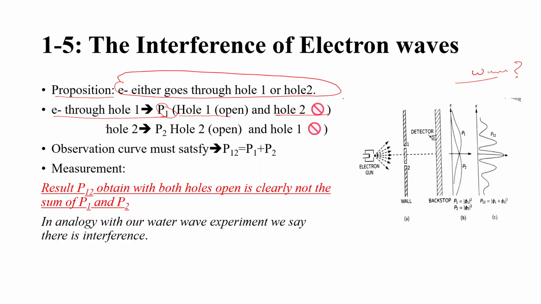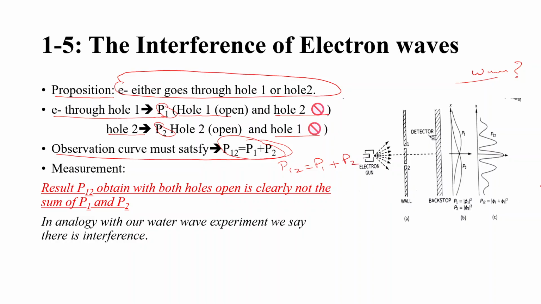In the same way, when the electron goes through hole 2, when hole 1 is completely blocked, we get probability P2 and the P2 curve, as you can see. So our observed curve must satisfy this condition according to our intuition.